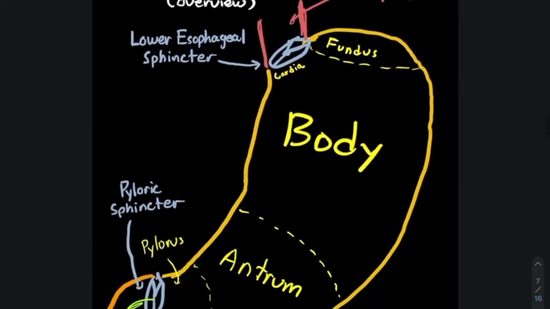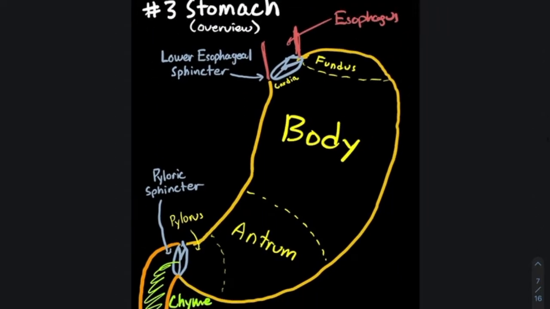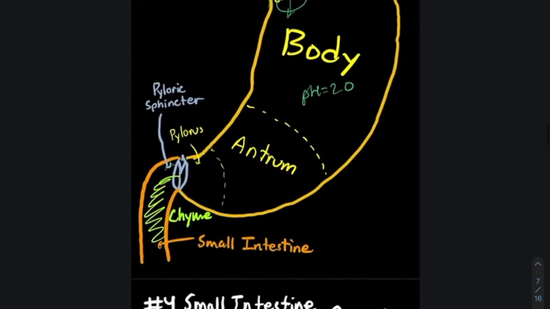So now let's put things into perspective just before we move on. We now have our bolus that managed to come down our esophagus, right? It's entered the body of the stomach, which has a super low pH. And from there, we digest it, we break down that bolus, we secrete a bunch of enzymes, and now we have this thing coming out the other side called chyme. And I think of chyme as this green stuff that's super acidic and basically broken down, but it's a fluid now.